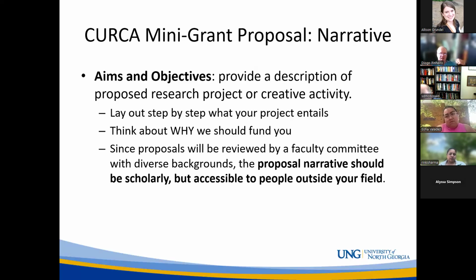This is why this is relevant. This is why this is important for my discipline. So write it in a way that is scholarly, but that can be understood by general audiences. So this here is: what is your project, and why is it an important part of your narrative?